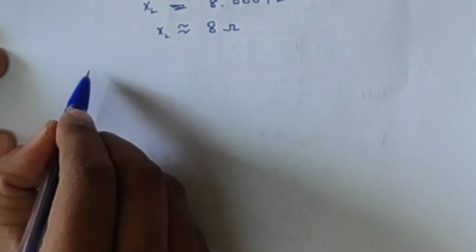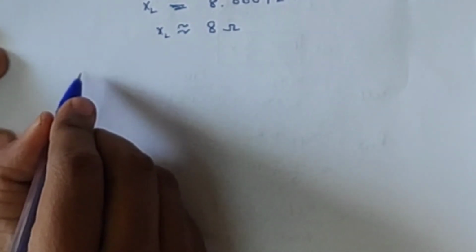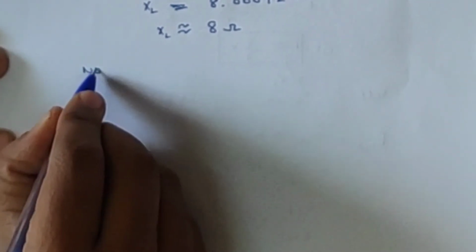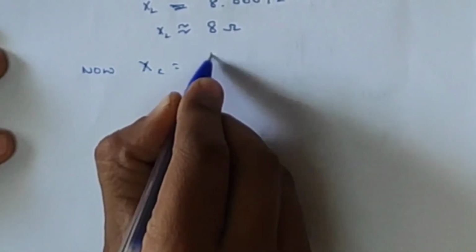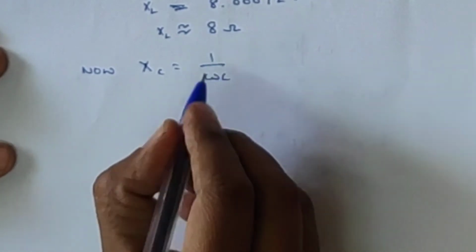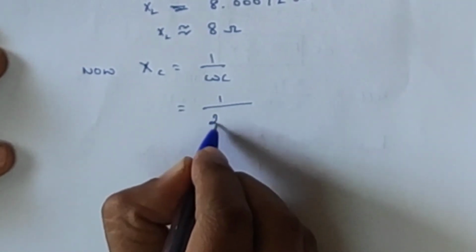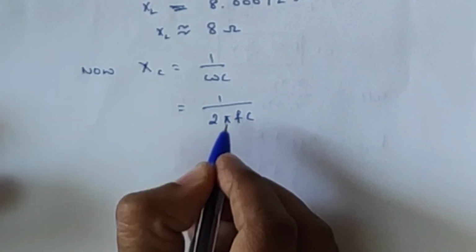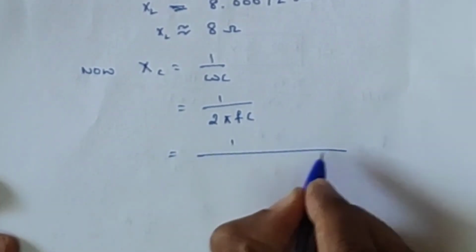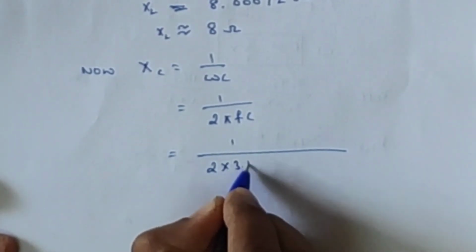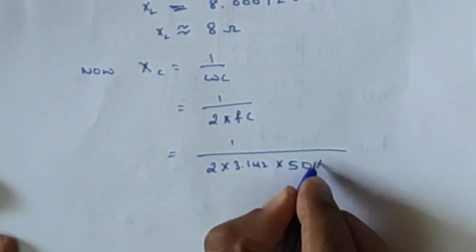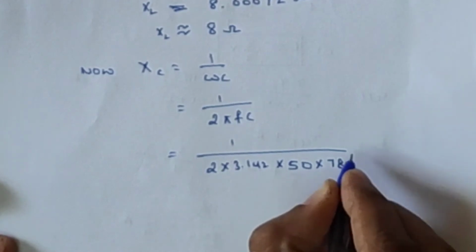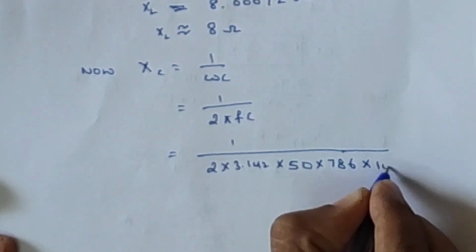So next, another one. XC equal to 1 divided by omega C. 1 divided by 2 pi F into C. 1 divided by 2 into pi, 3.142, into F, F is 50, into C, 786 into 10 to the power of minus 6.